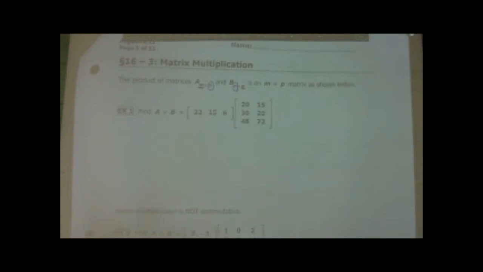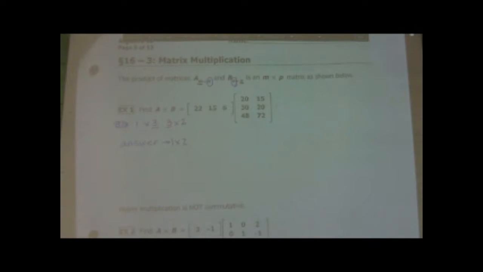So if we look at this first example, it says find A times B. So first of all, A is, whoops, I already did it backwards. 1 row, 3 columns. All right, so it's a 1 by 3. B matrix is 3 rows, 2 columns.